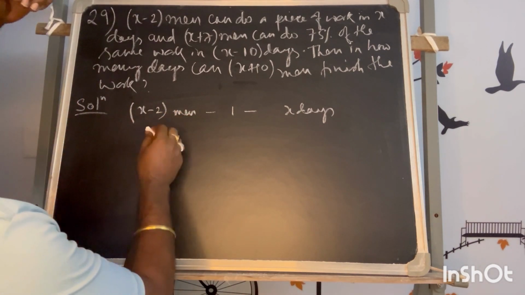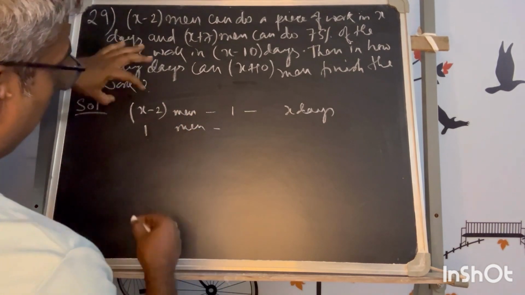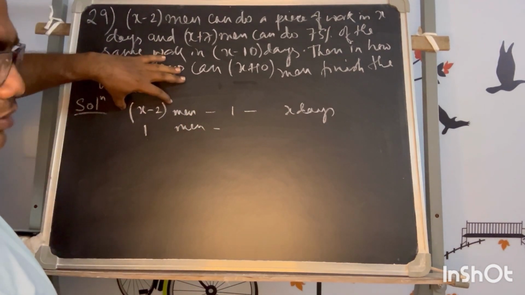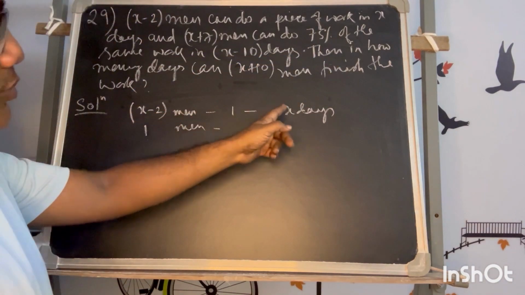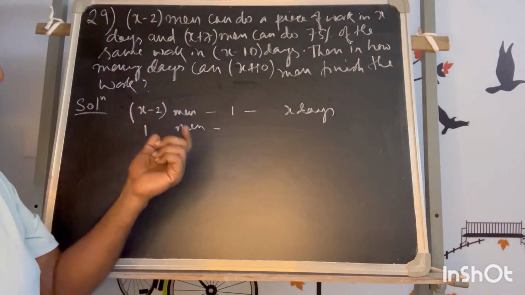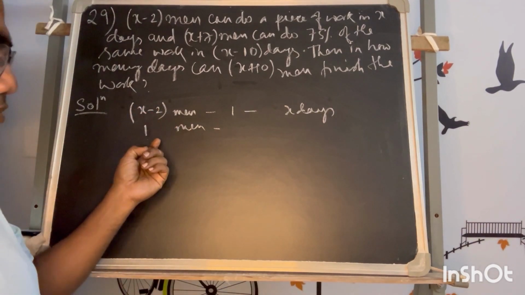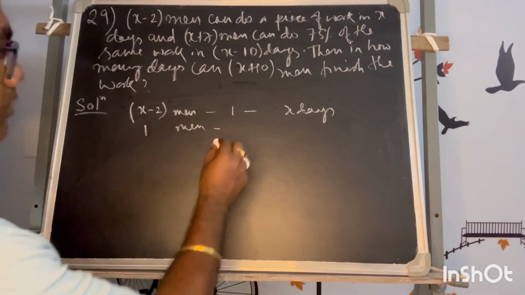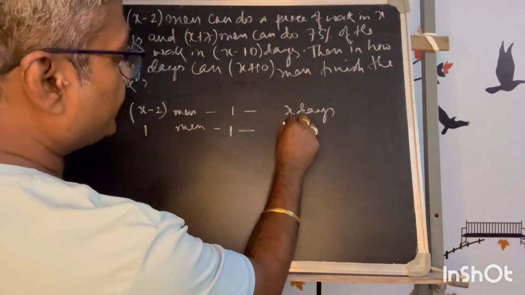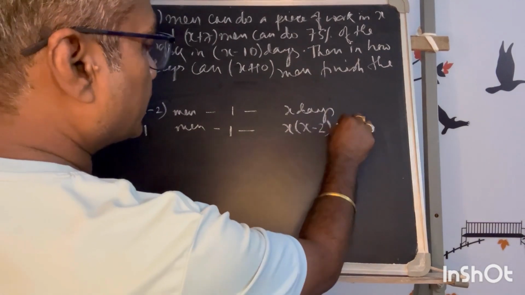So how much can one man do? Really, men and days for a particular work are inversely proportional, meaning if men come down, days will go up. So it is coming down to 1. To complete the same job you need more days. Okay, this many days.